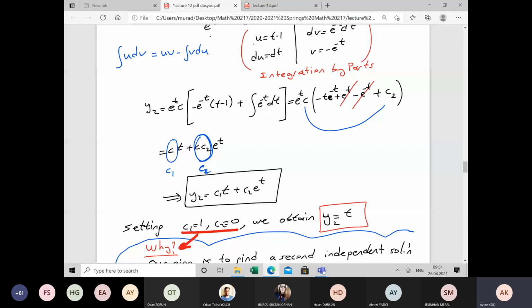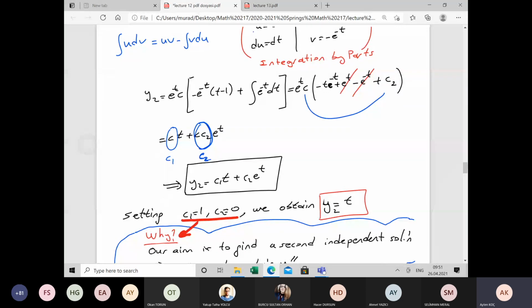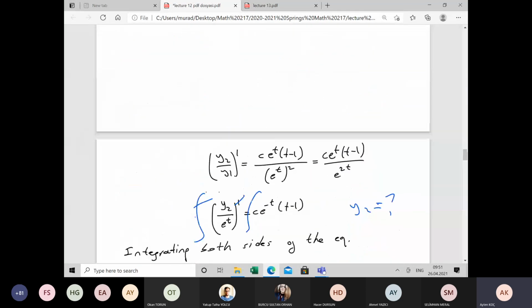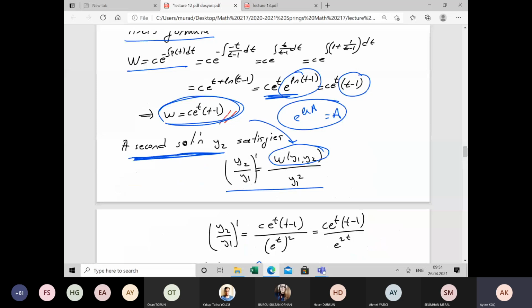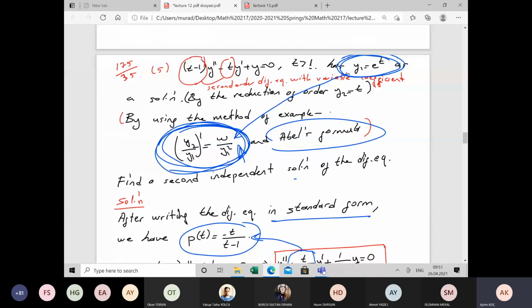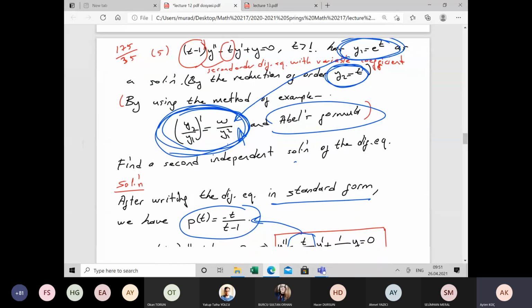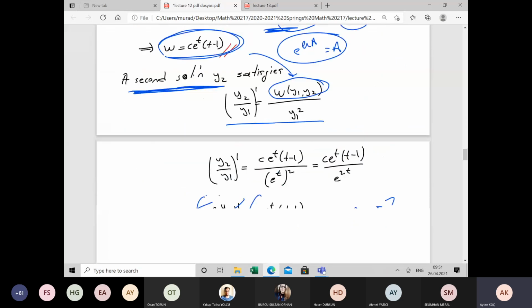Then, what's the question here? Our question is to find the second solution of the differential equation by reduction of order. Let's come back here. What's the solution y sub 2?